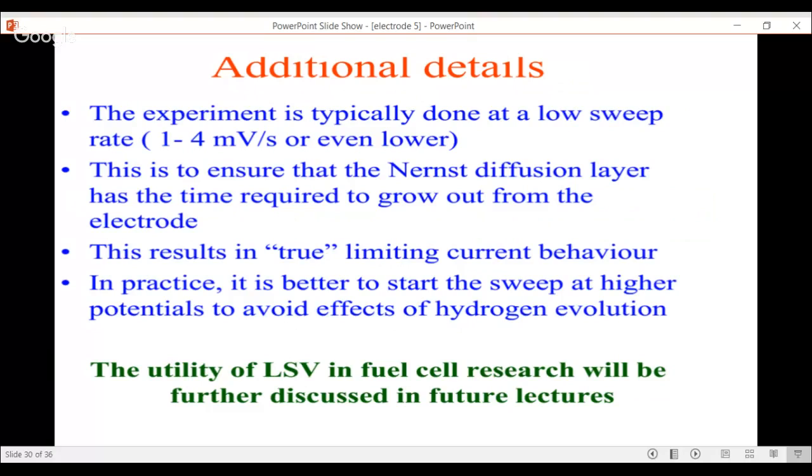Why is a small sweep rate used? This is true even for cyclic voltammetry, but in cyclic voltammetry we can use higher sweep rates. This results in true limiting current behavior. In practice, it is better to start the sweep at higher potential to avoid effects of hydrogen evolution. The utility of linear sweep voltammetry will be further discussed in future lectures.